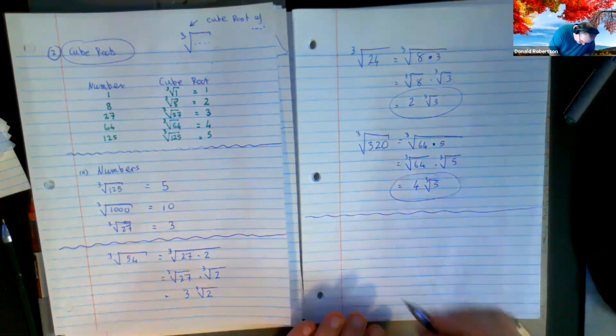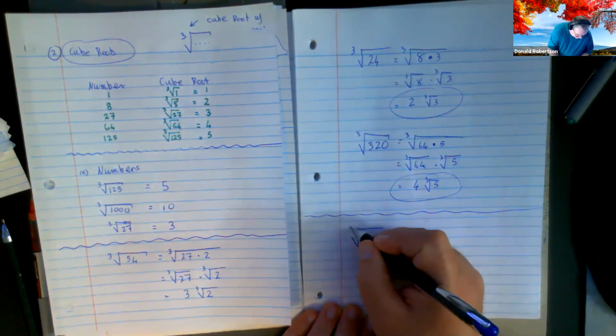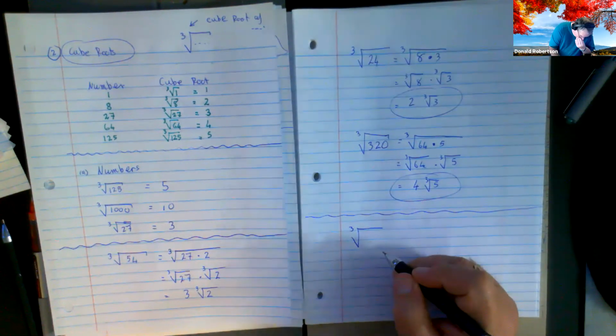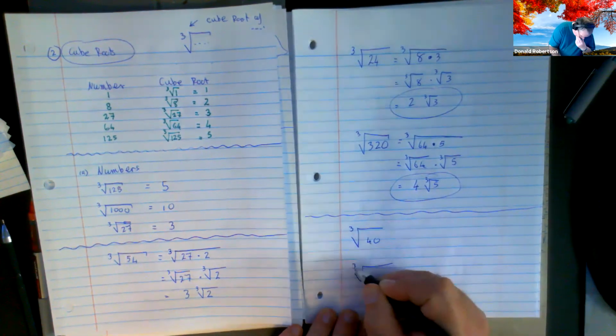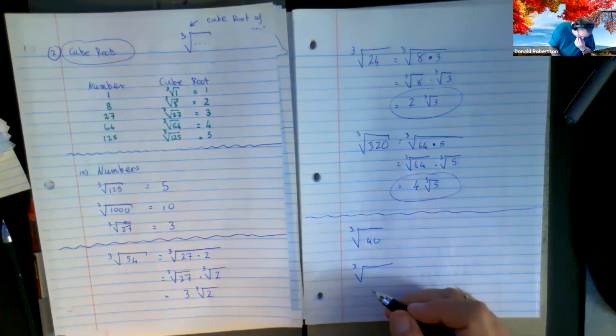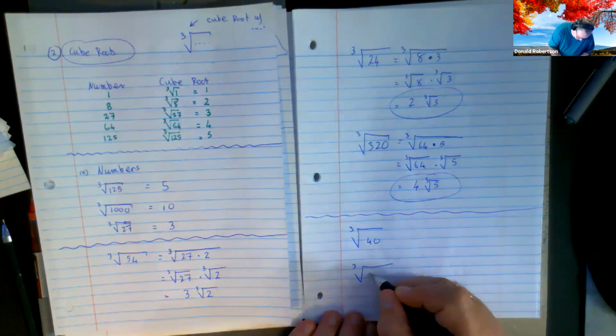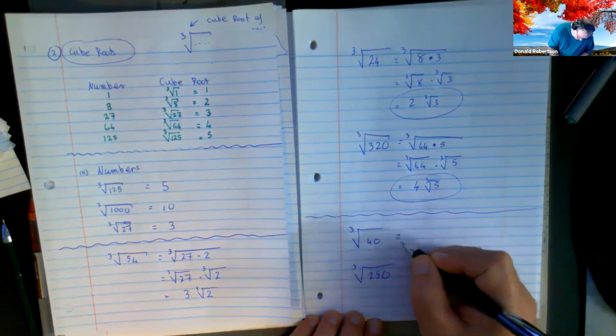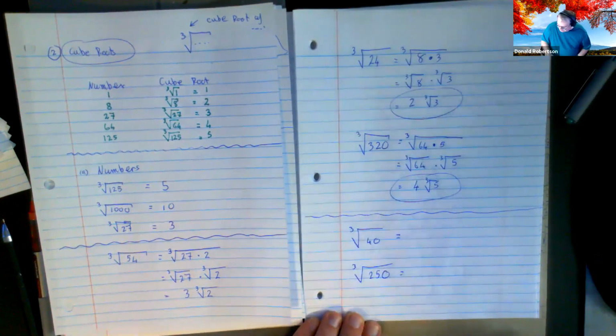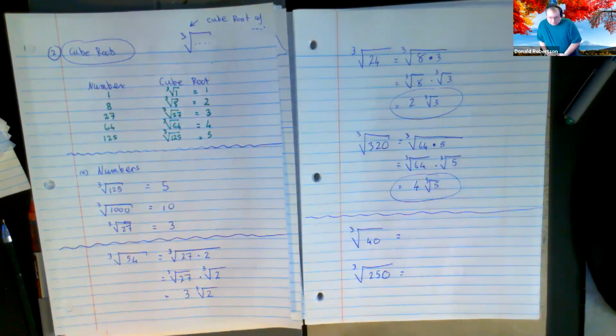So I'd like you to find the cube root of 40 and the cube root of 250. Okay. I've left it open-ended. I'll give you a little warning closer to the end.